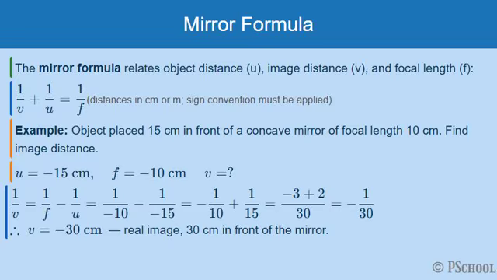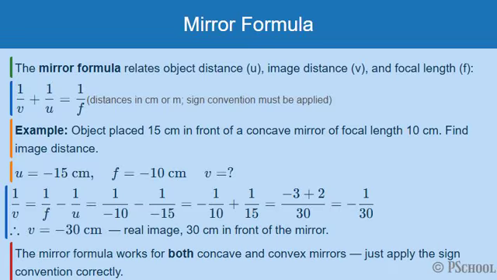So V = -30 cm. The negative sign confirms the image is real and forms 30 cm in front of the mirror. The mirror formula works for both concave and convex mirrors, just apply the sign convention correctly.